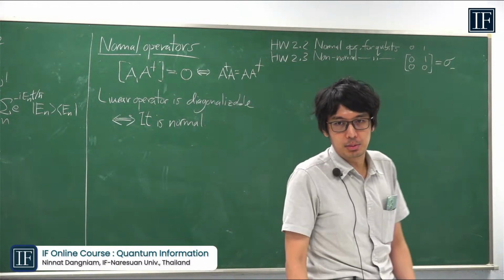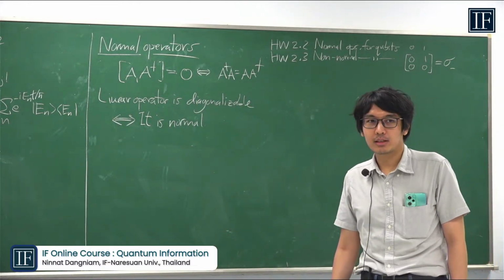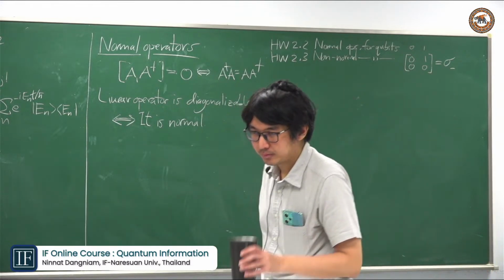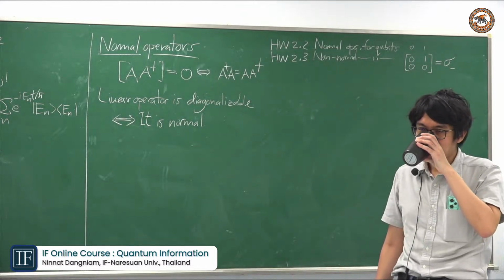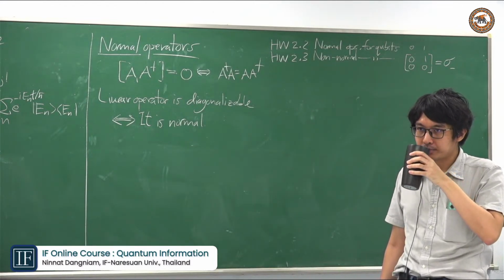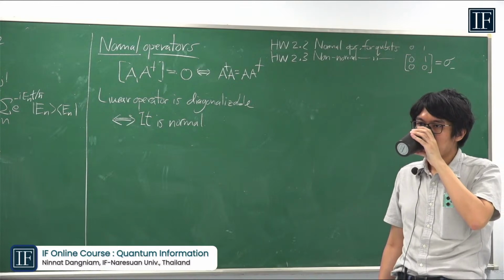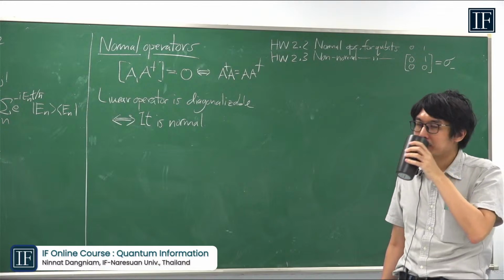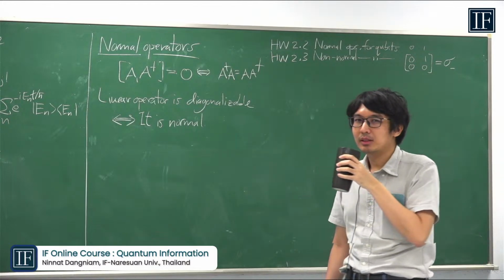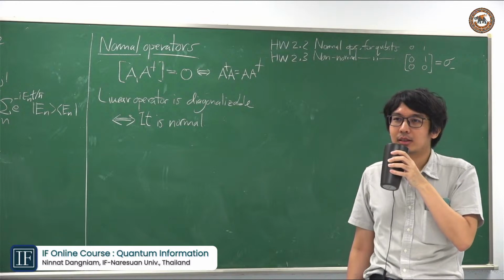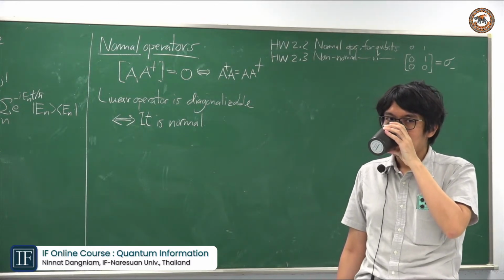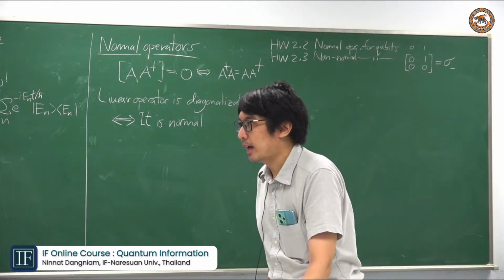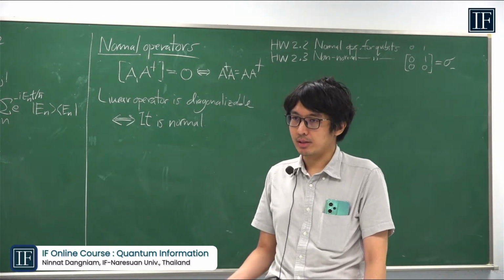Have any of you seen the proof that a normal operator is diagonalizable? Well, it depends on what you allow as your original assumption, right?